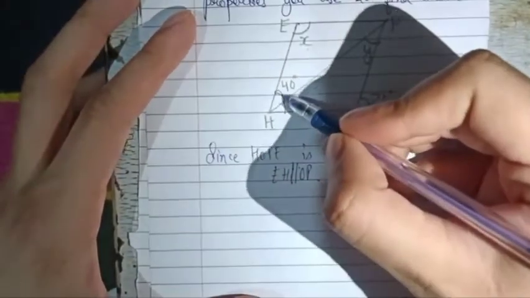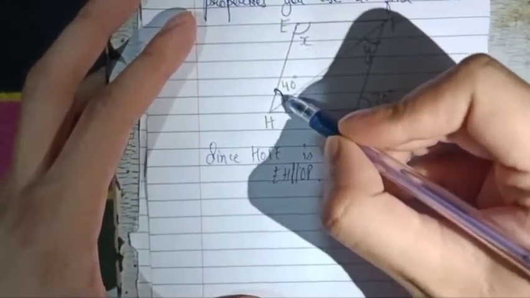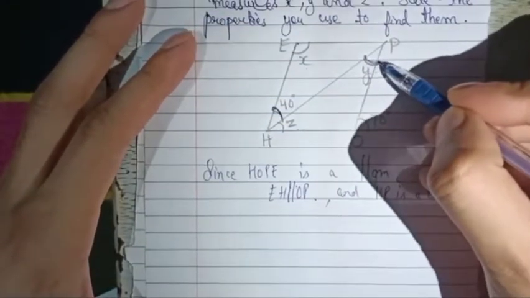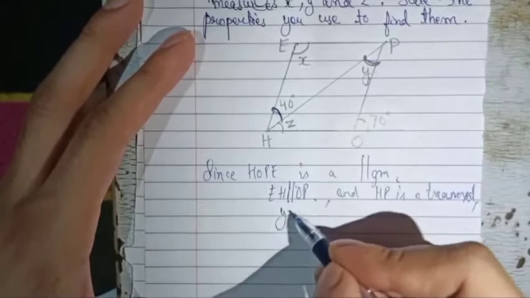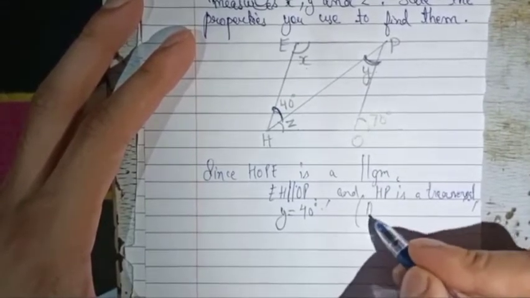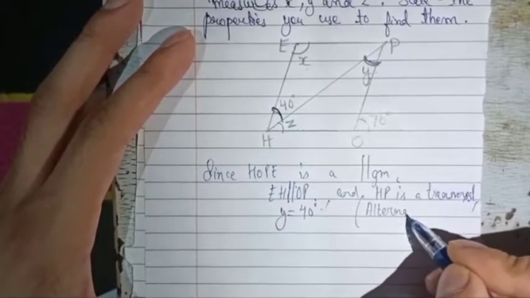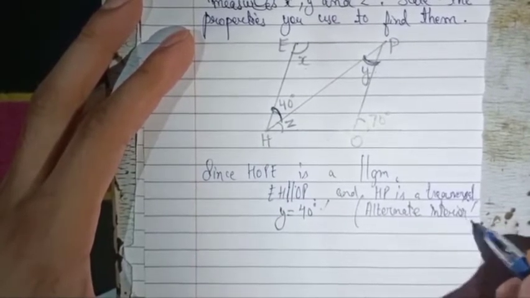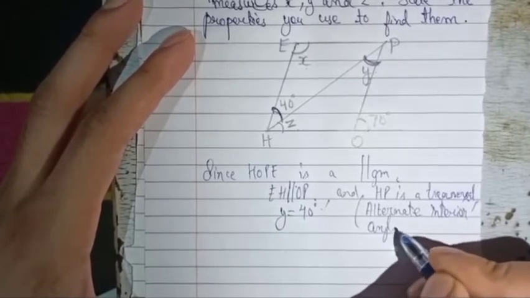Therefore these alternate interior angles, that means this 40 degrees and angle Y, will be equal. That means Y is equal to 40 degrees, and here you will write the reason: alternate interior angles.